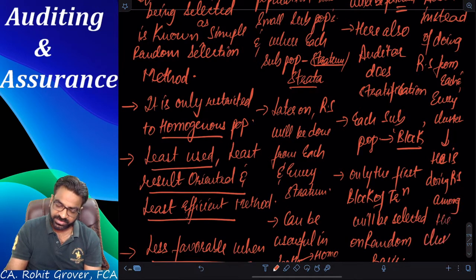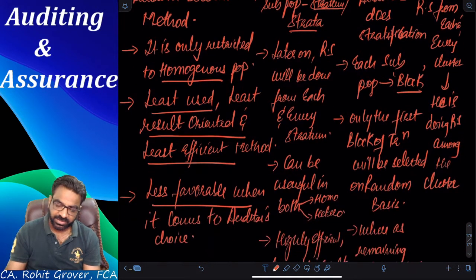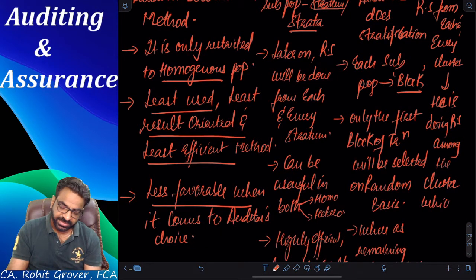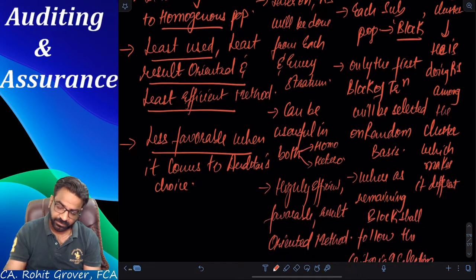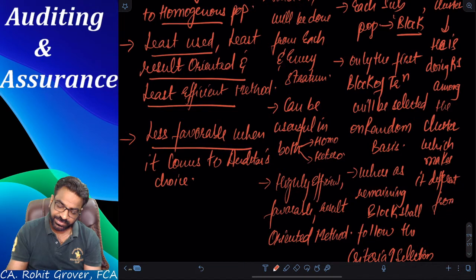He is doing random selection where? Among the clusters, which makes it different from the stratified random selection method.